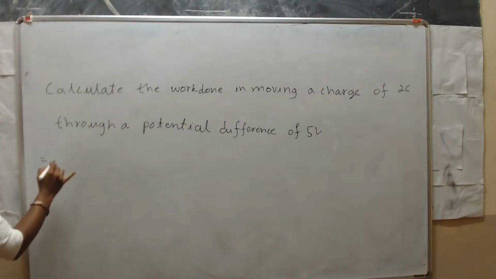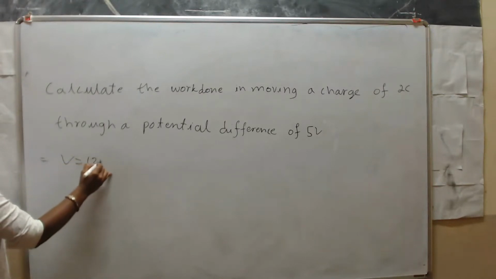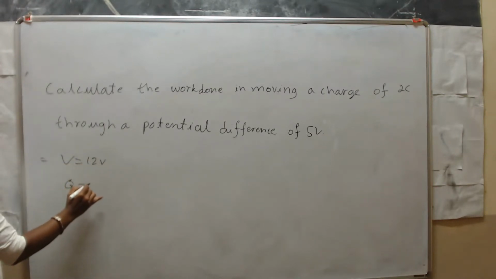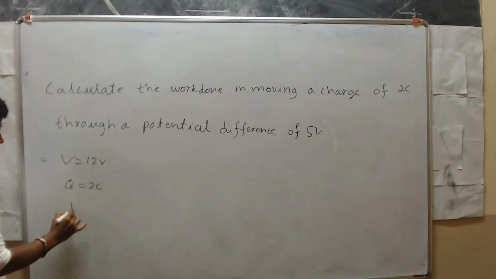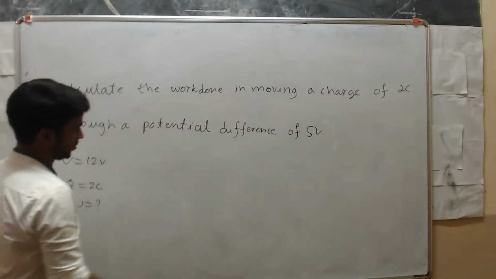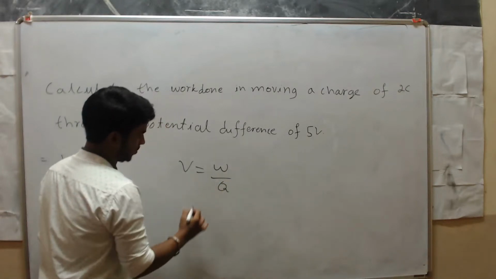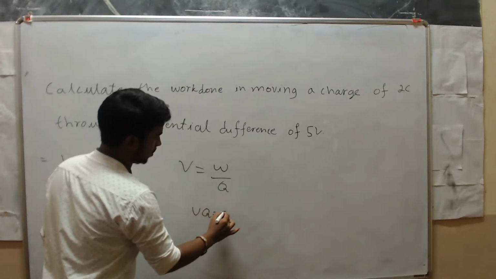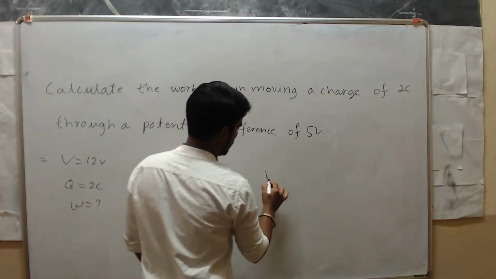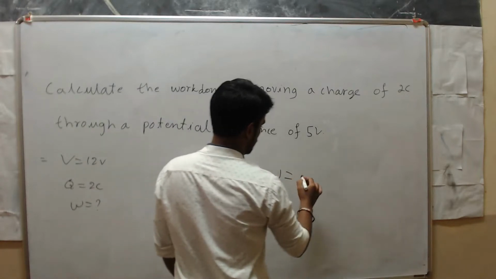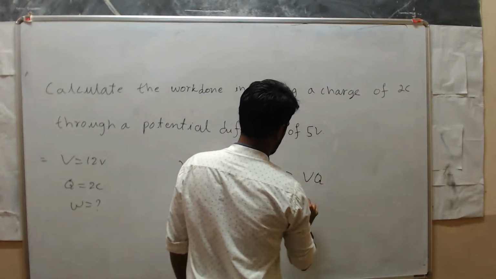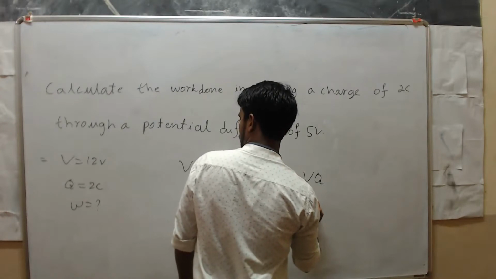Yes. So Q is equal to 2 coulomb. We need work done. We know the formula: V equals work done divided by Q. So bring Q to this side: V into Q equals work done. So work done is equal to V into Q. V is 5 volt.